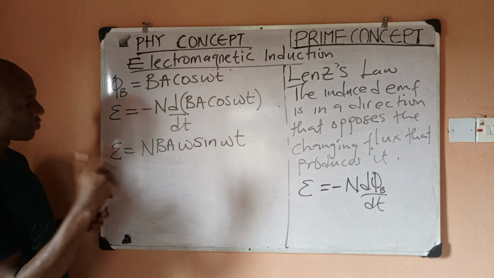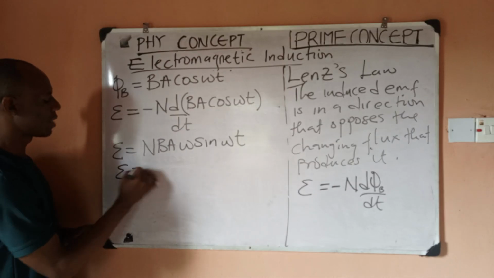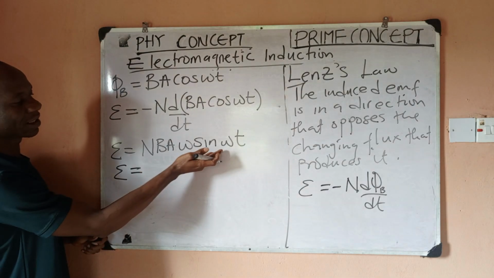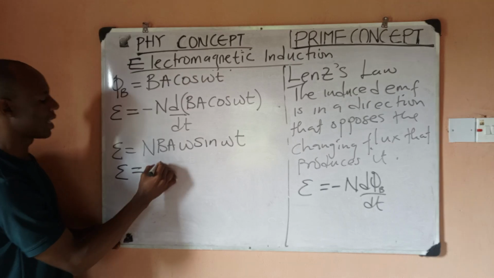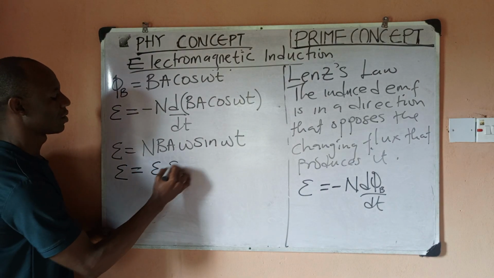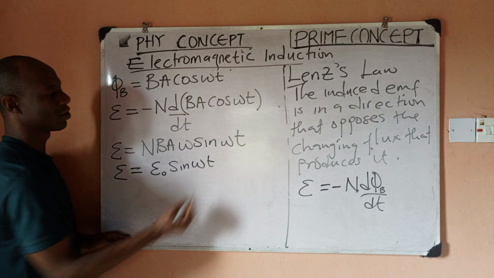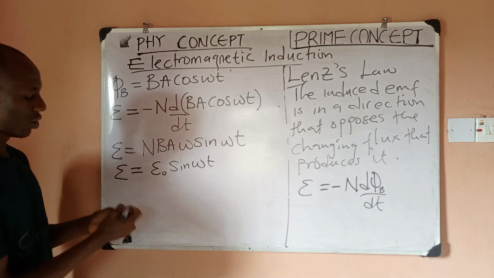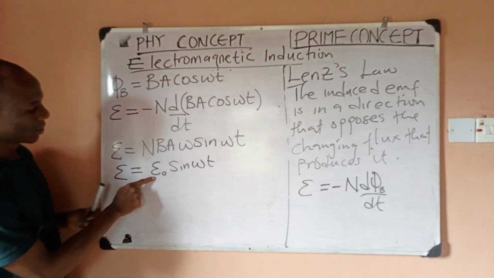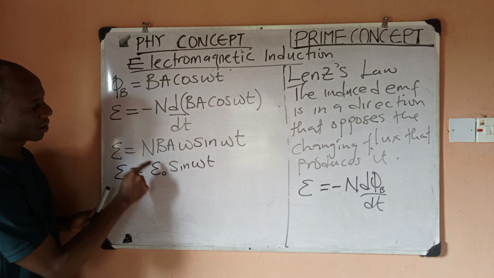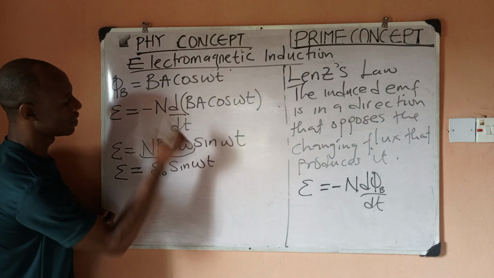Now, very quickly, you'll see that I can write the EMF as a sinusoidal equation. I can write it as epsilon naught sine omega t. So when I compare these two equations, you notice that the peak EMF is actually equal to this part.